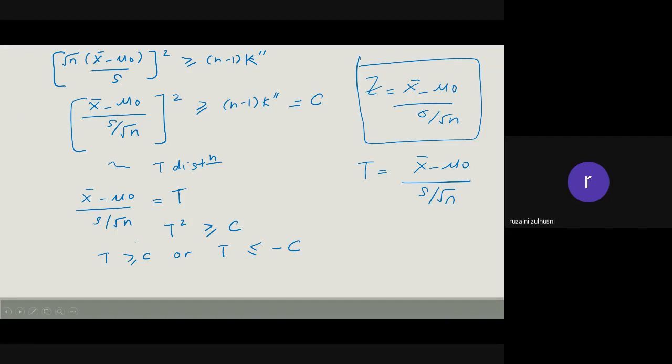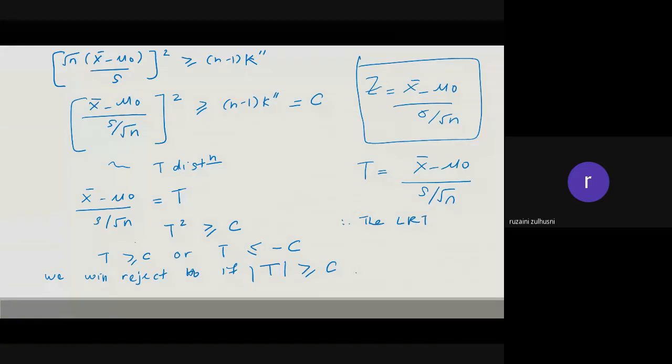That means we will reject h naught if modulus t is greater or equal to c. This follows the t test. So the likelihood ratio test is equivalent to the t test. That completes the solution.